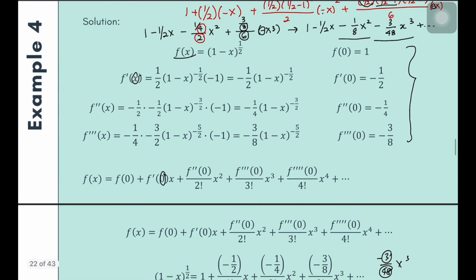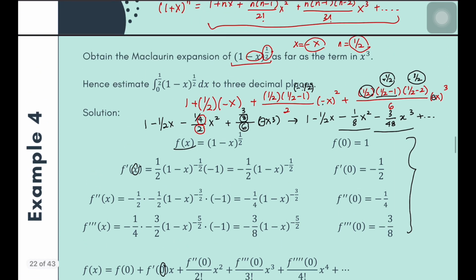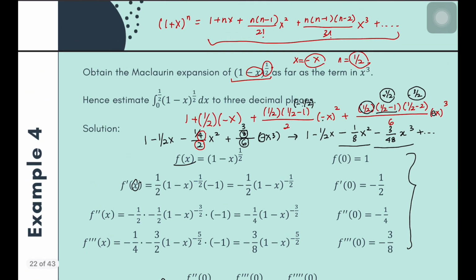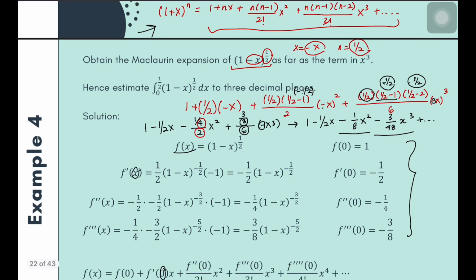So awak ada dua cara. Sama ada kalau awak ada table, awak boleh compare dengan function yang ada dekat table macam saya buat ini, atau awak boleh guna je method of Taylor theorem yang kita belajar sebelum ni. Kita expand satu-satu. Mula-mula kita cari fx, lepas tu kita cari f prime x, lepas tu kita cari f double prime, lepas tu kita cari f triple prime.